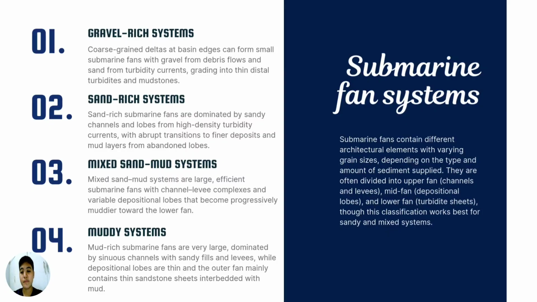Gravel-rich fans have lots of gravel and sand near the basin edges, changing to mud farther away. Sand-rich fans are mostly sandy with strong channels and lobes, but quickly change to finer sand and mud when the flow stops. Mixed fans contain both sand and mud, getting muddier as you move away from the source.